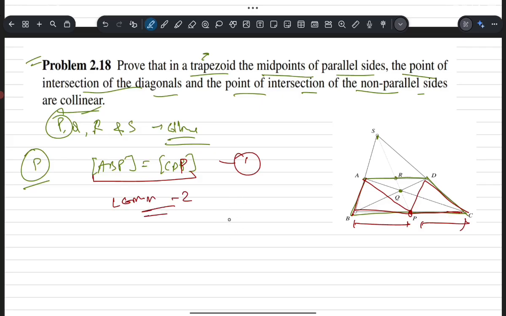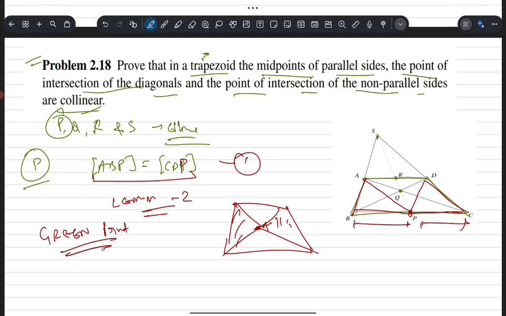What did we have in lemma 2? We had some trapezium and a point inside such that these two areas were equal. Now remember the green property, the green point I told you about in the beginning. Here it was AB, C and D, I was saying MAB equals MCD, and the locus was the median of that extended triangle.